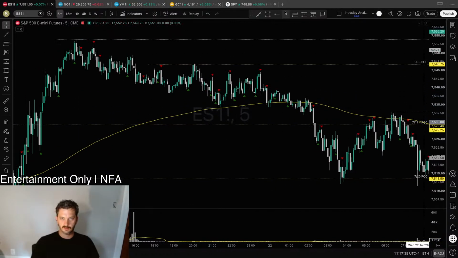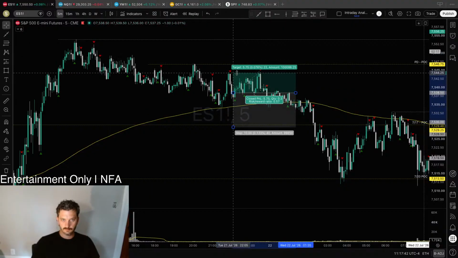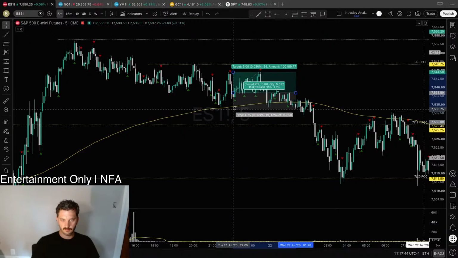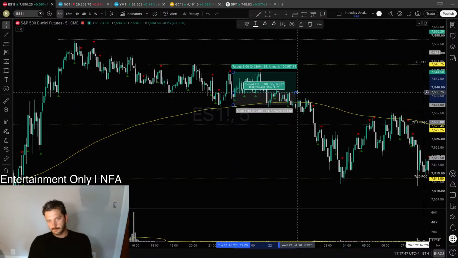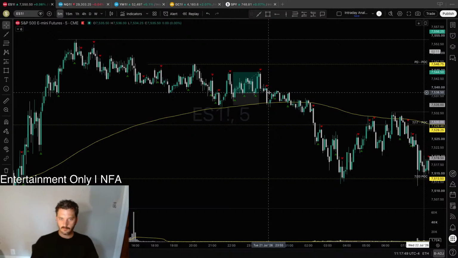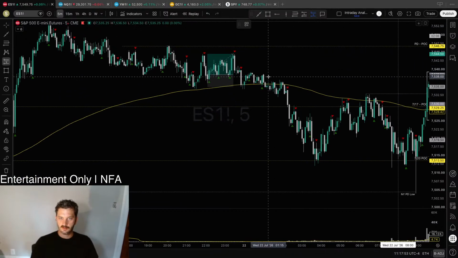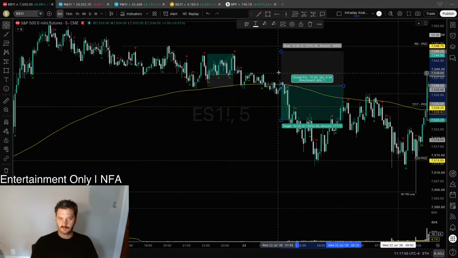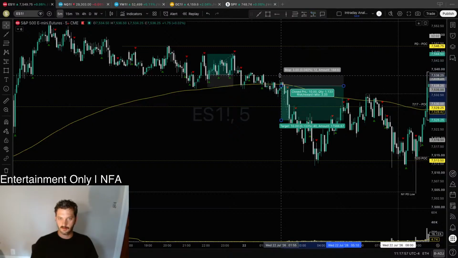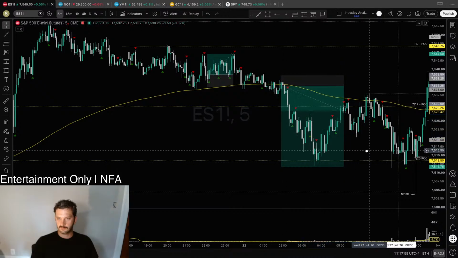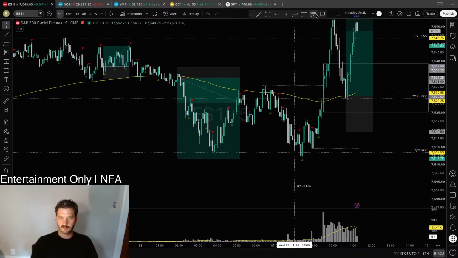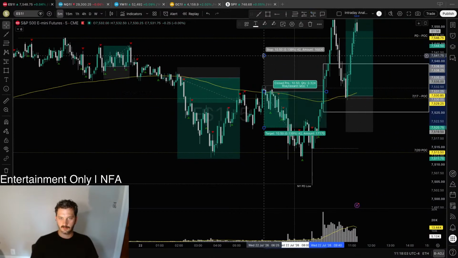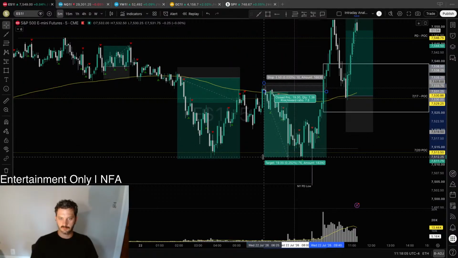Beautiful reaction here. Longs into these highs. And then held again, nice little move. Then we broke. Then look at this. After we break, retest, sell off. And then look at this. Another retest, sell off.